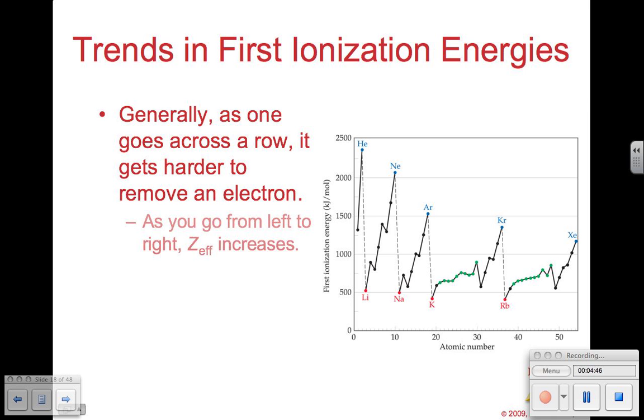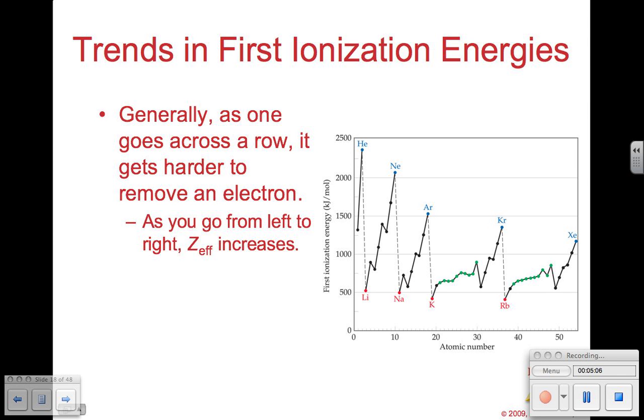So then another way to look at it graphically: as you go across a row, it gets harder to remove an electron. As you go from left to right, the Z effect, or the nuclear effect, increases because you're gaining electrons and protons.